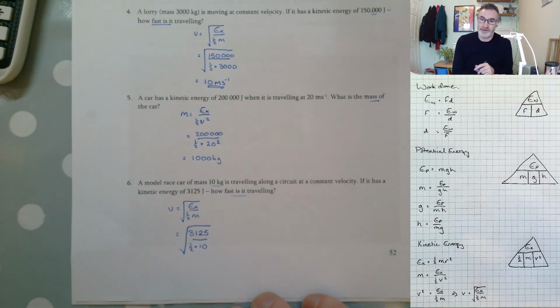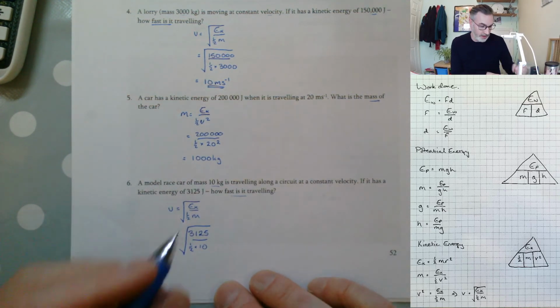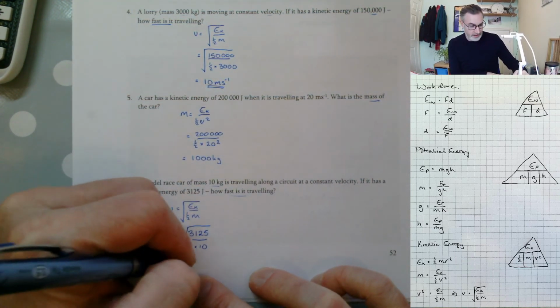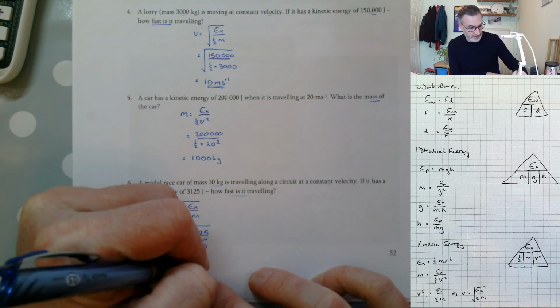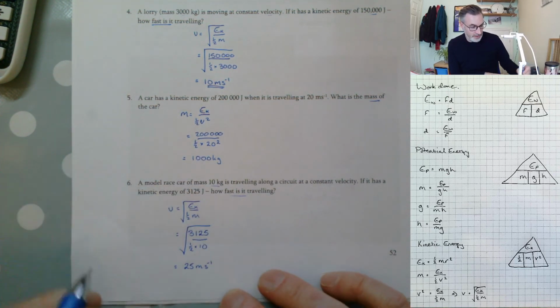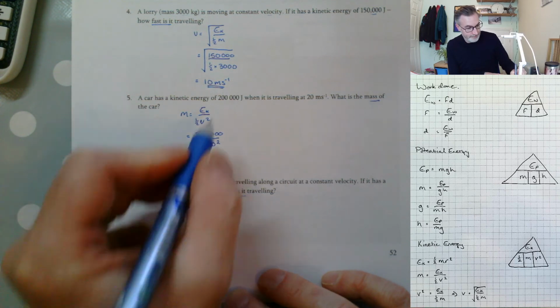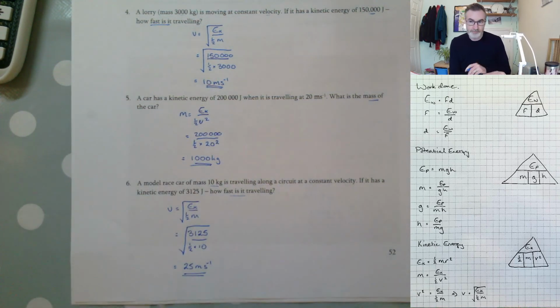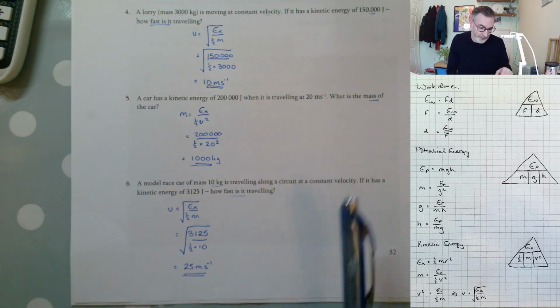We get 3,125 over a half times 10, and the square root of that, and that will give us 25 meters per second, which is a rather quick model race car. If we're looking at the velocity of that, we're talking about 60 miles an hour, so I don't quite know whether that's particularly accurate or not.